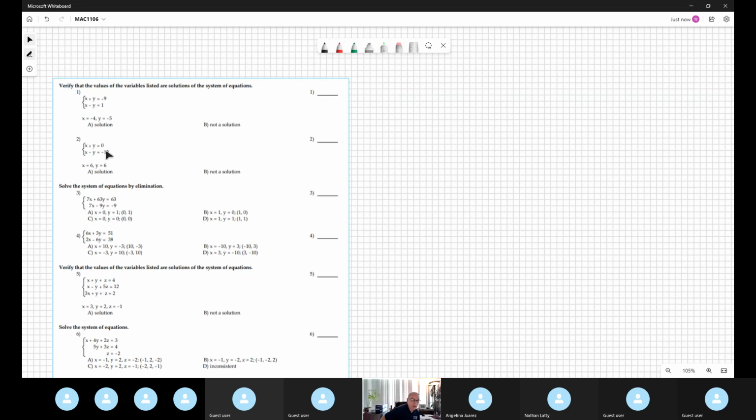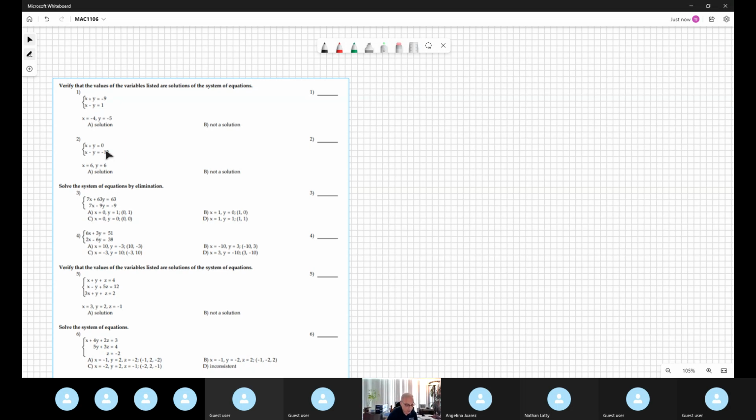The first question says, verify whether the values of the variables listed are a solution of the system of equations or not. The answer is yes or no. One possibility is you solve the system, which is no big deal, it's easy.